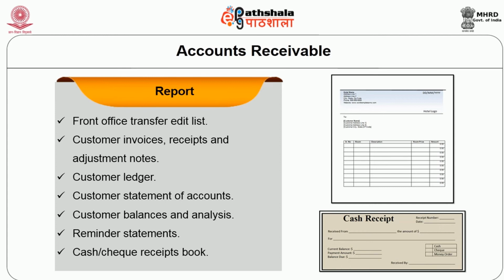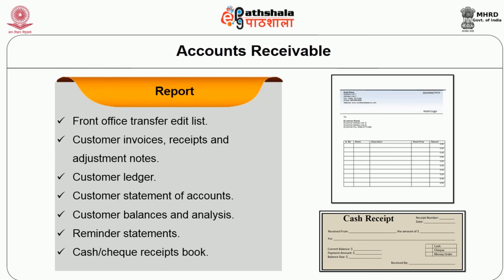So here again, the different accounts used in different departments in relation to the customer are recorded in this book. Next is customer balances and analysis. Any balance left or related to the customer is recorded here. Next is reminder statements.